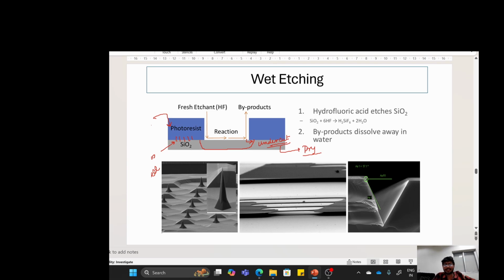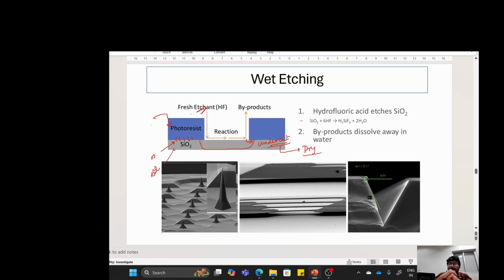In wet etching you use chemical means. The chemicals are like HF, or some other chemicals, that can remove the particular layer you want to remove. HF is a well known agent for silicon dioxide.